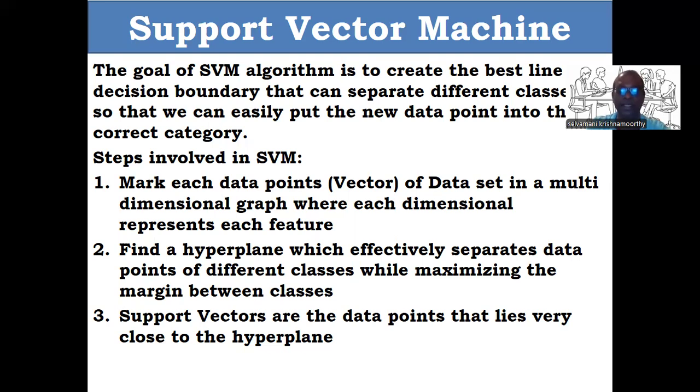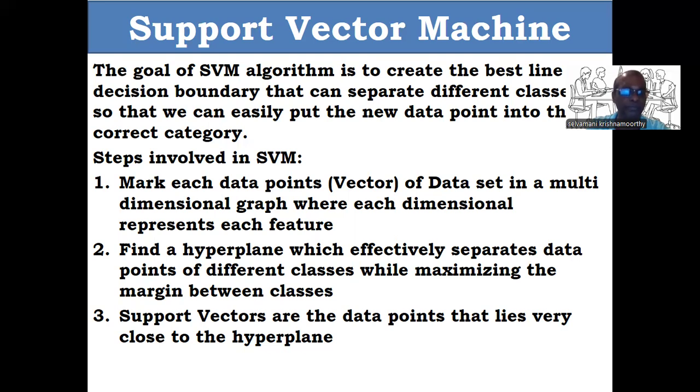That means x-axis and y-axis, where each dimension represents one feature. For simplicity, we can consider only two features, feature 1 and feature 2. Feature 1, or column 1 or input 1, should be mapped on the x-axis. Feature 2, or column 2 or input 2, should be mapped on the y-axis. Each data point, an xy point, should be marked in this graph.